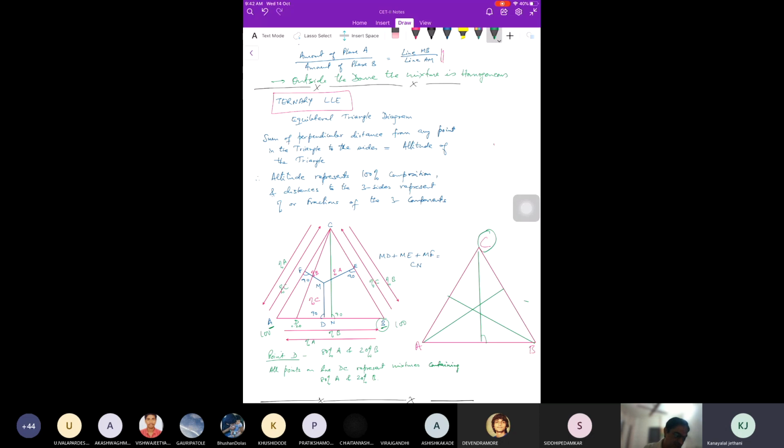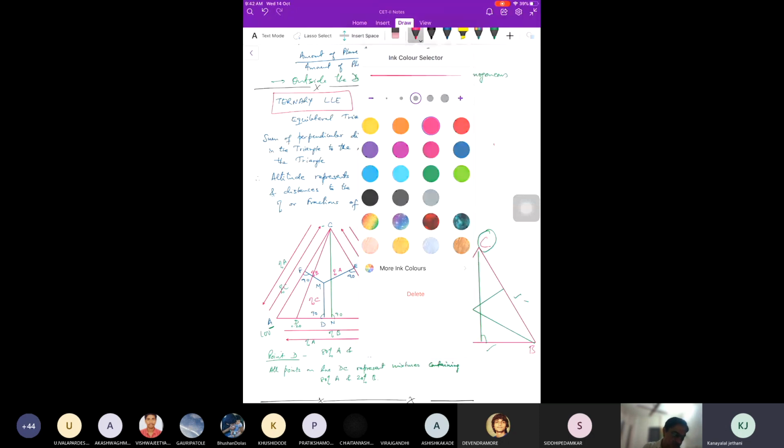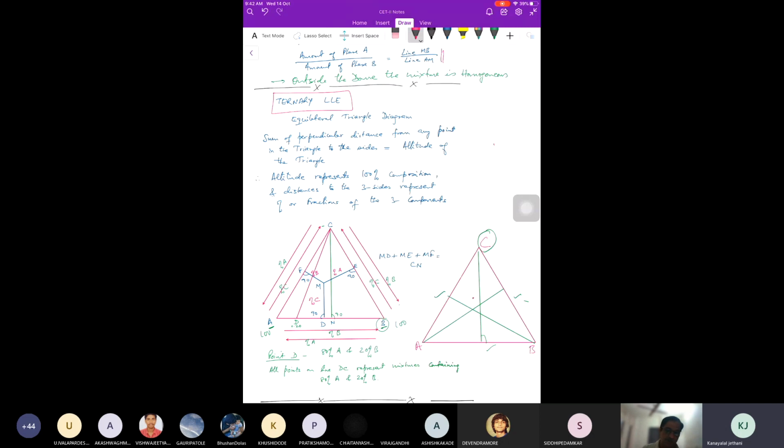Similarly, B यहाँ पर रहेगा और C यहाँ रहेगा, so you can have different compositions here. 100% C is this, 100% B is this, and similarly यहाँ पर 100% C is this and 100% A is this. So these three sides of the equilateral triangle represent the compositions of three components. And if you get any point on this equilateral triangle, suppose I get a composition like this, right? I want to find the composition of this point.